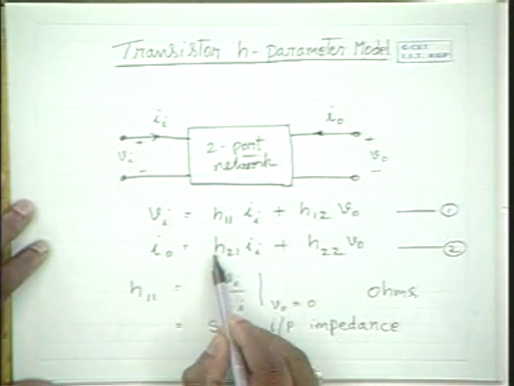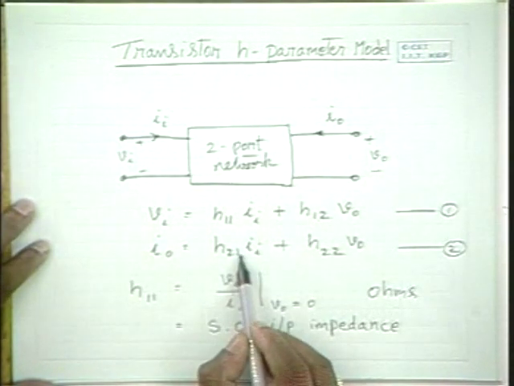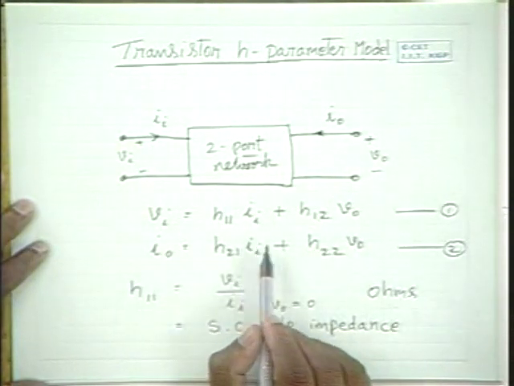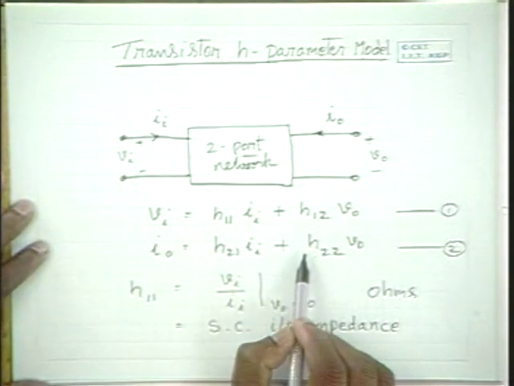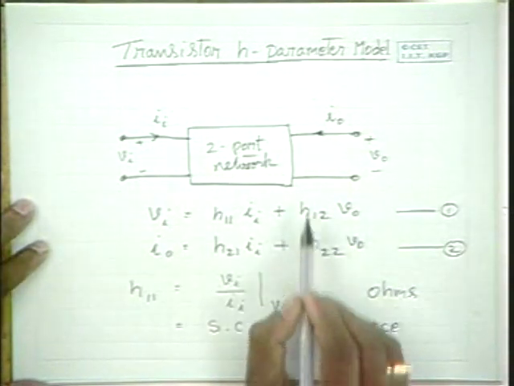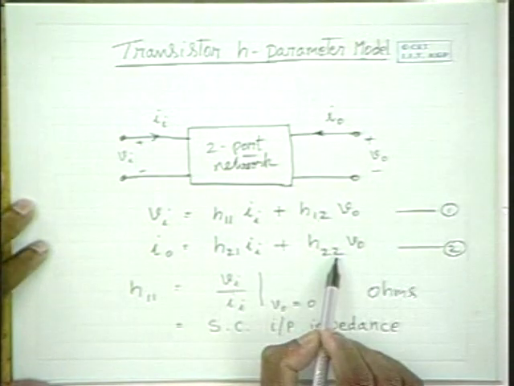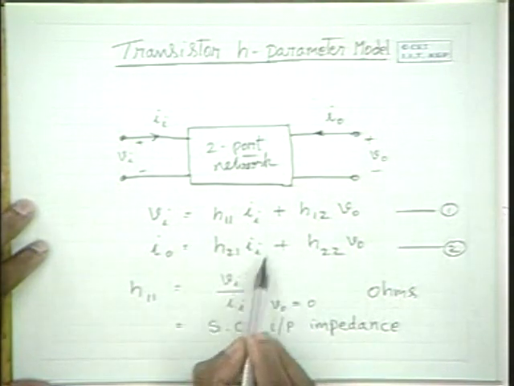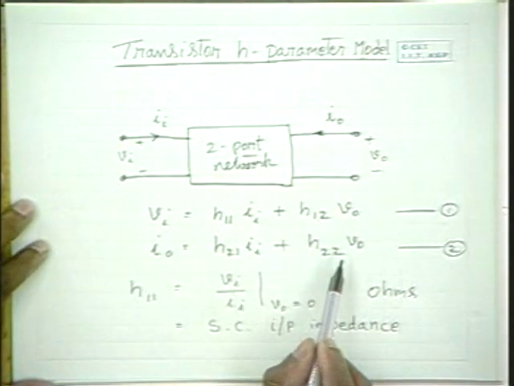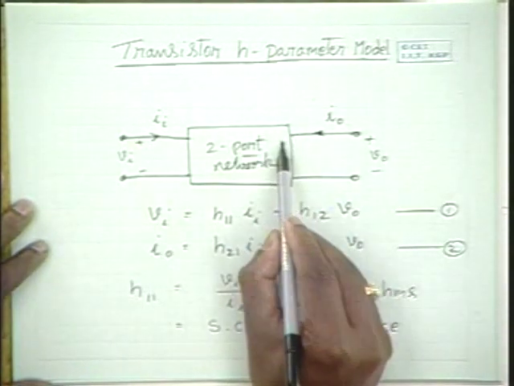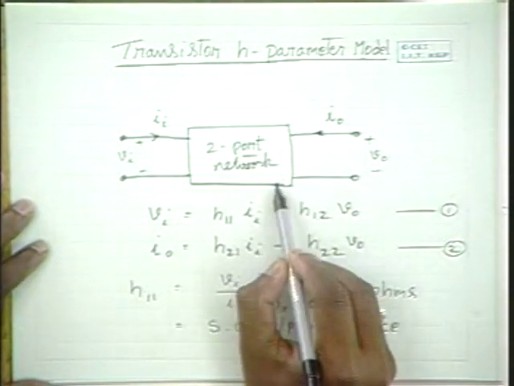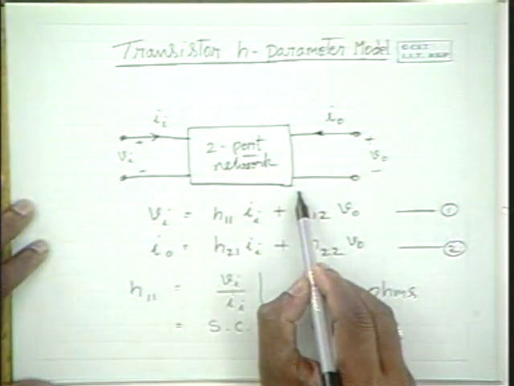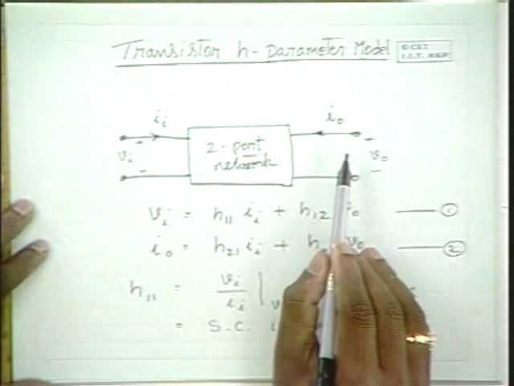One current component is an input current dependent current, and the other current component is because of some admittance connected across V0. This current is equal to the summation of two currents. That means there are two parallel branches, in which case I0 is equal to this current plus this current.